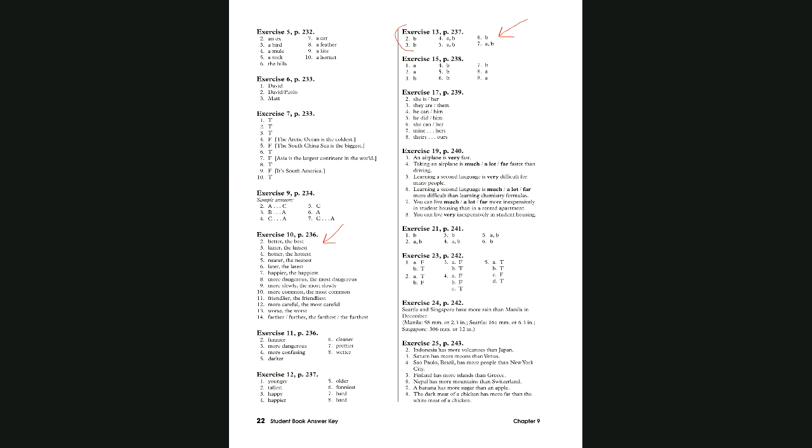Or can I use both? No, you cannot use both because the meaning is additional. And number 1, you can use both because the meaning is like a long way or distance.